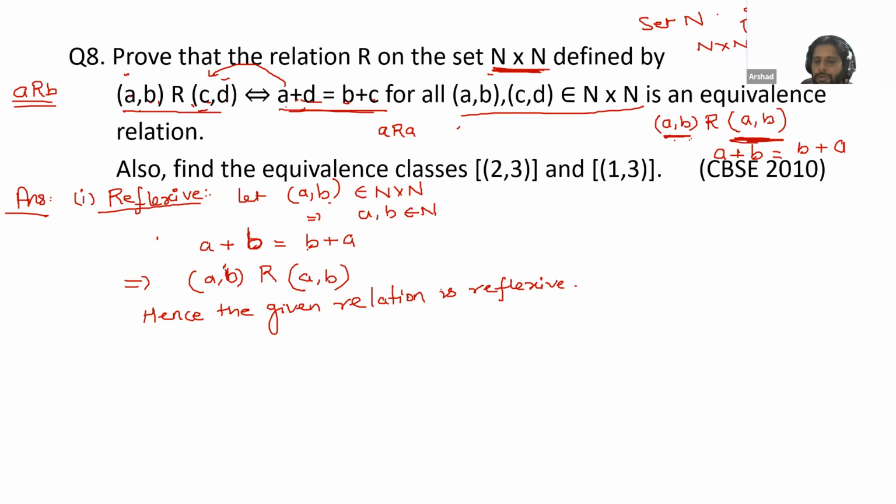We know LHS and RHS are the same thing. Now, as per this condition, we can say that A comma B is related with A comma B. Why? Because if you apply the condition here, you will get the same result. Now this is clear, Abdur.